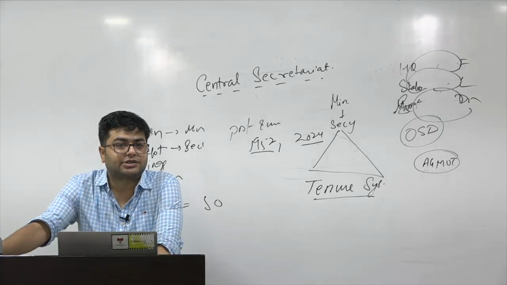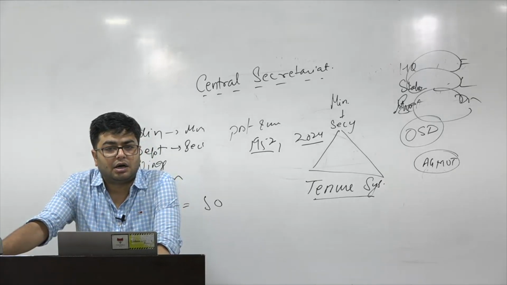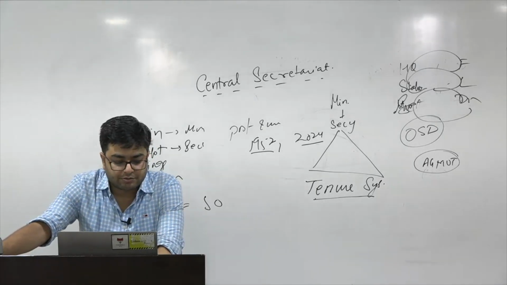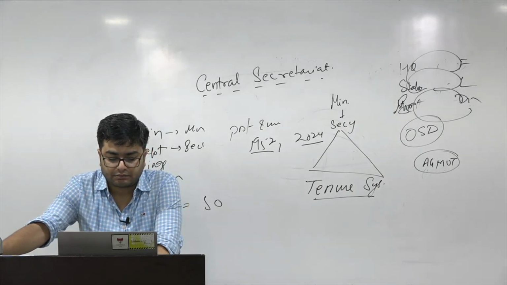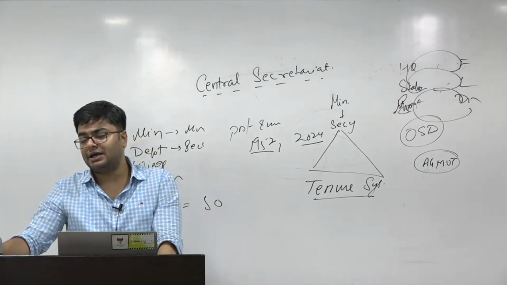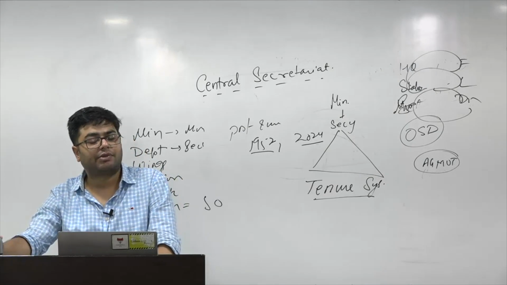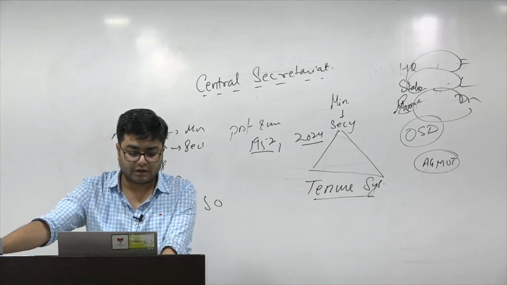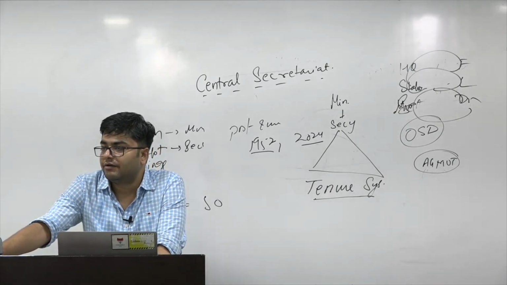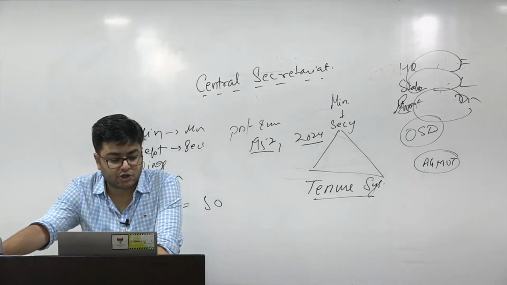So this tenure system was also endorsed by the first ARC, and it advocated for the removal of the barriers which are hindering the smooth flow of personnel between secretariat and field.